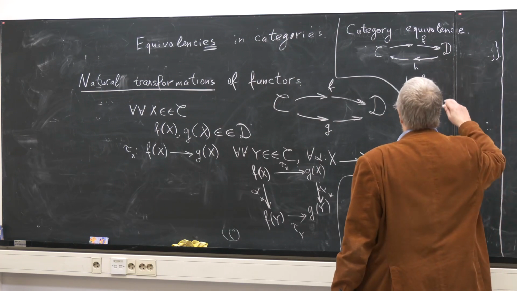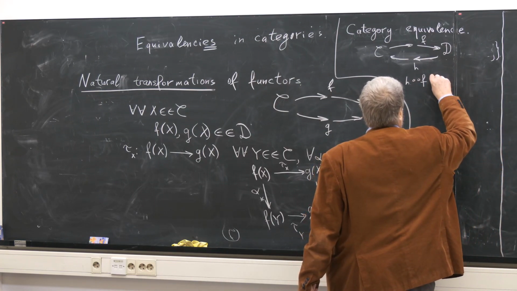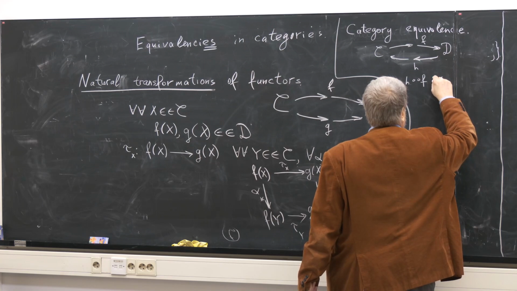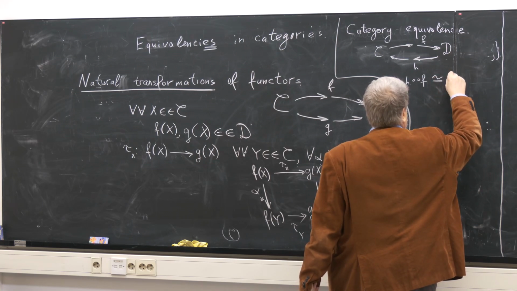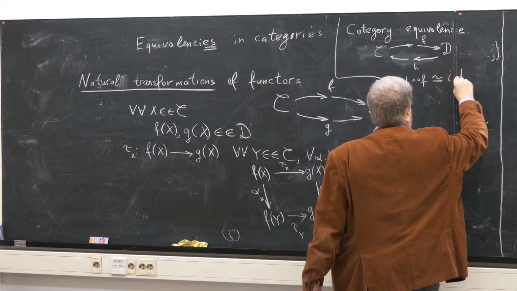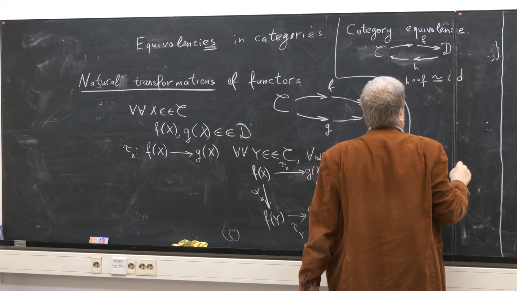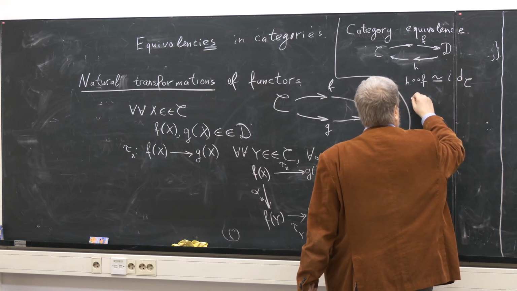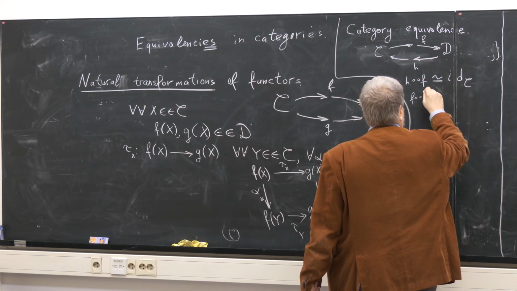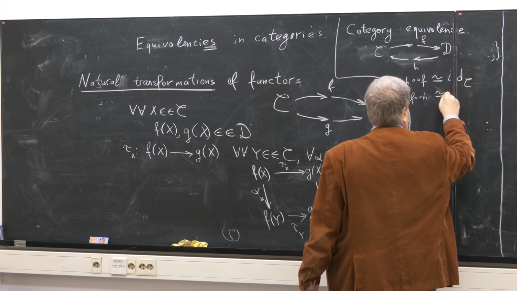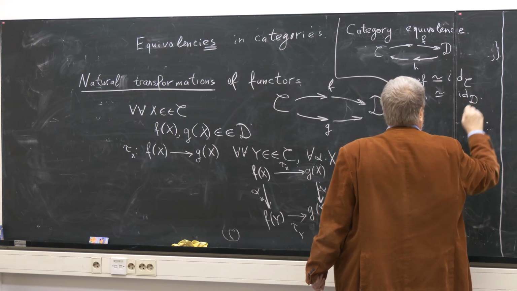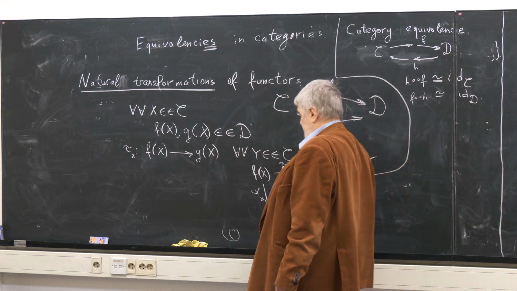And then as in homotopic theory, this should be isomorphic to the identical functor of the category C, and the other one to the identity of the category D.